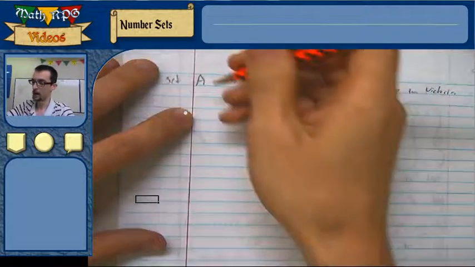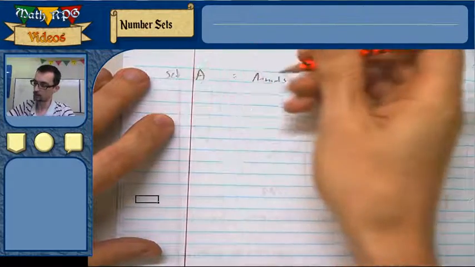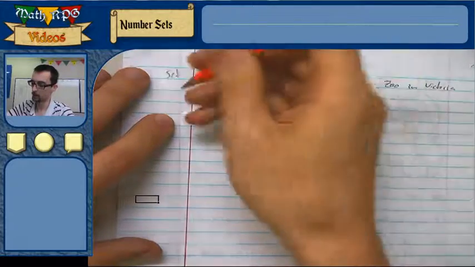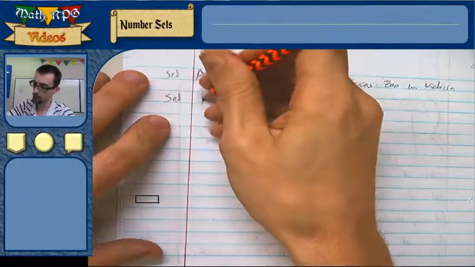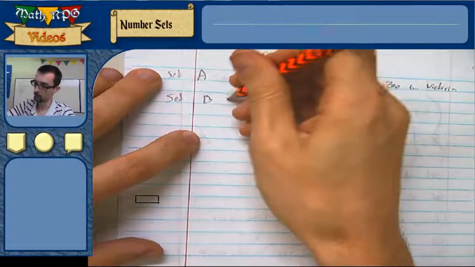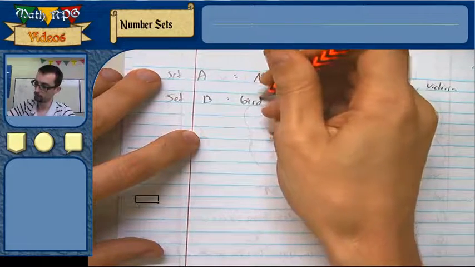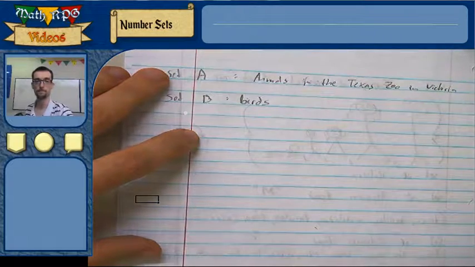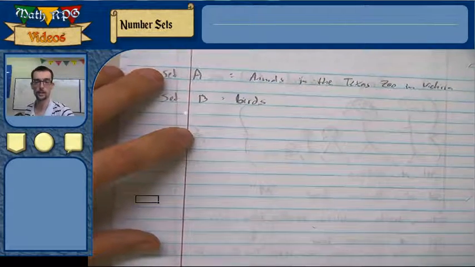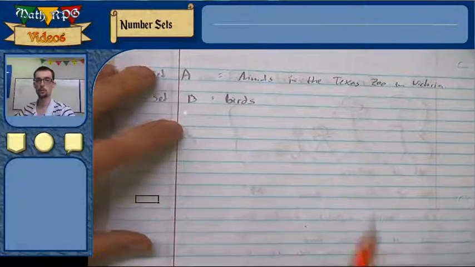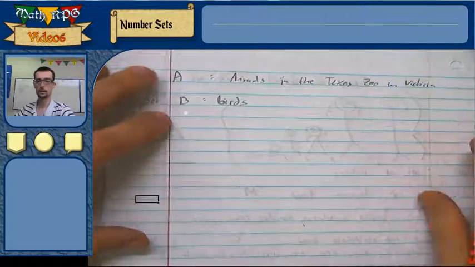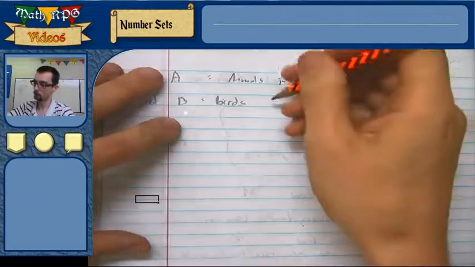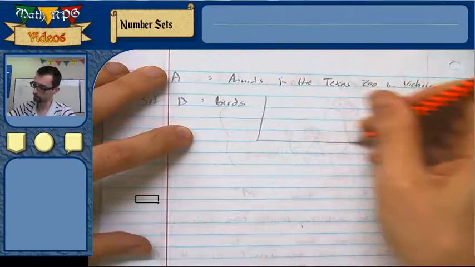Now we'll call it set B, for birds. Okay, so set B is all the different kinds of birds. So again, if we drew these two things, I could draw it inside of one really big rectangle, right?